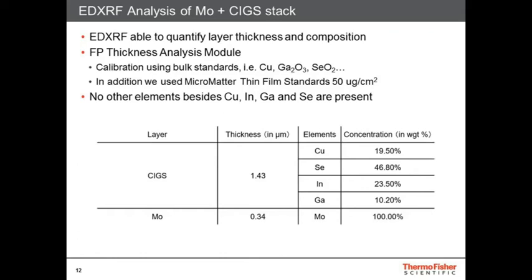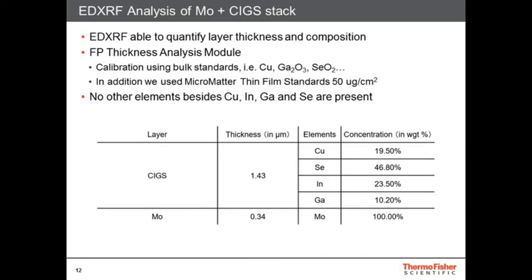But if these conditions apply, you can get good precision on the layer thicknesses. Here you can see that for our CIGS layer we get 1.4 micrometer thickness, and for our molybdenum layer 0.34 micrometer, which is well in range of the specifications of this type of material.